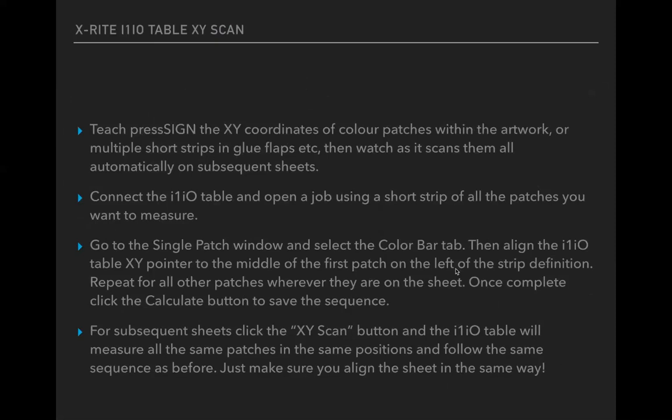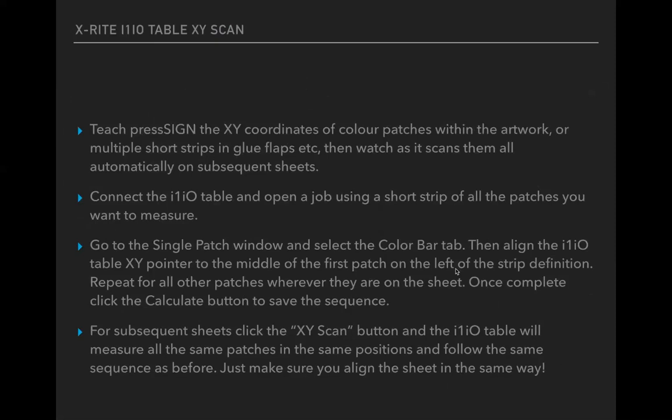The XY scan capability means that you can teach the I/O table where all the patches are within the artwork, and then on subsequent scans you can simply press one button and the device will go and measure those patches in the sequence that you taught the software, and then give you a full measurement as a result.